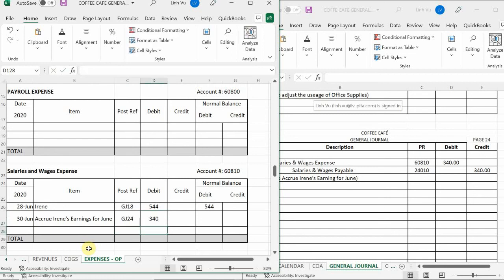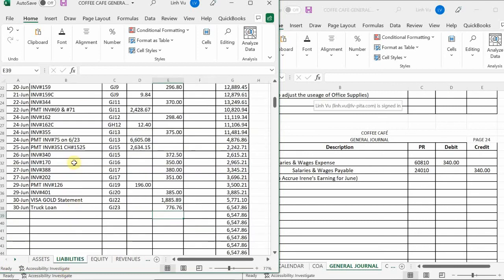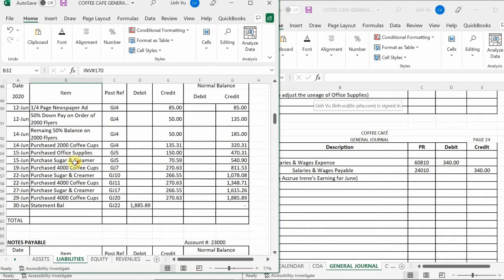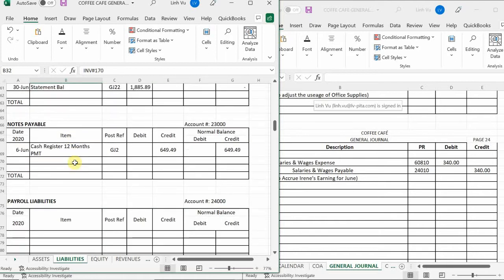For $340. So in this case, my total for salaries and wages expense is going to be $884, because this is how much I paid for Irene for the month of June. Total of $884. And now I need to go into my liabilities ledger and pop in that I owe her money for the month of June.